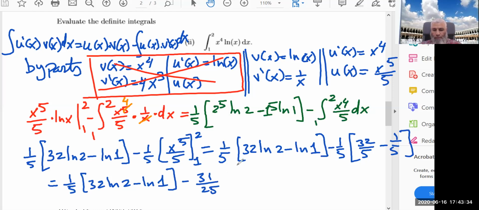This is the answer, but we can't do anything more with ln, right? 32 ln 2 minus ln 1 minus 31 over 25.